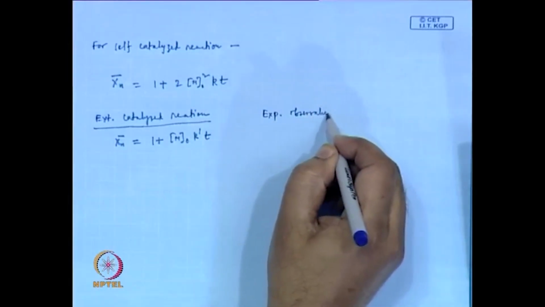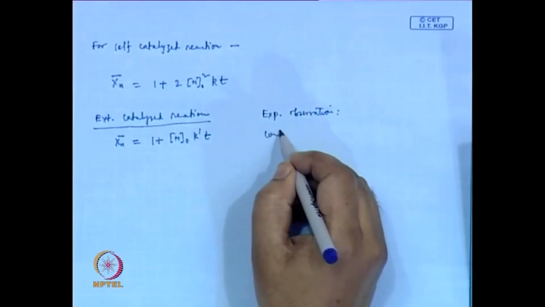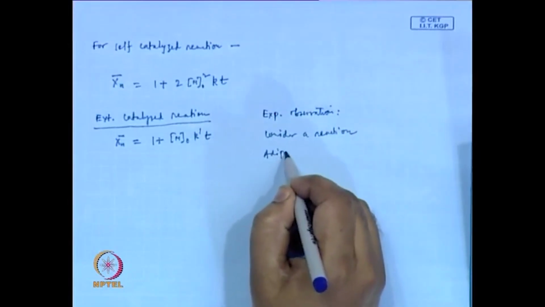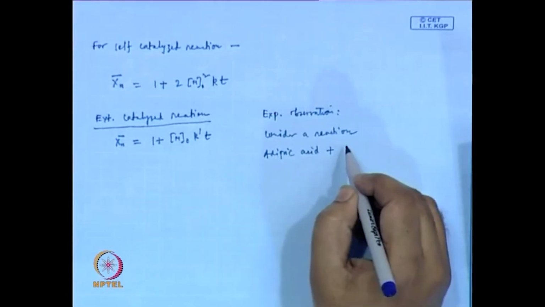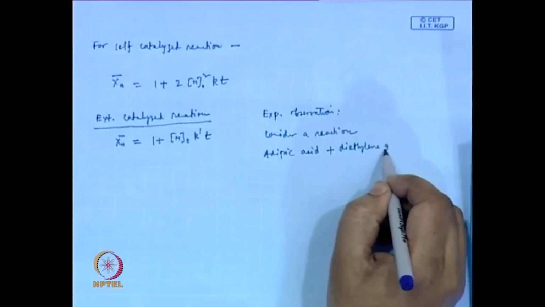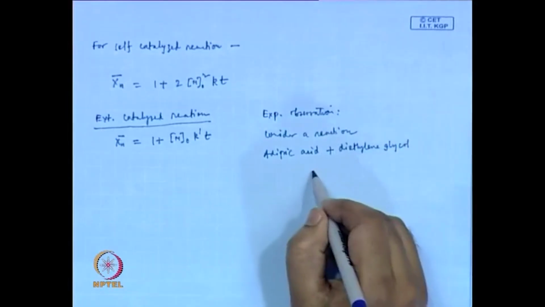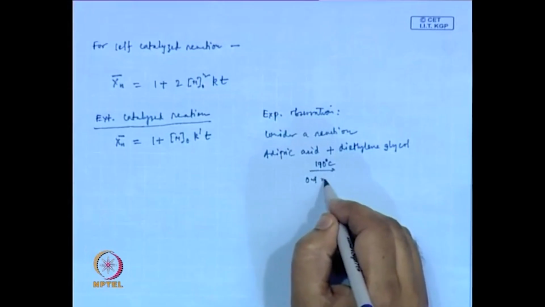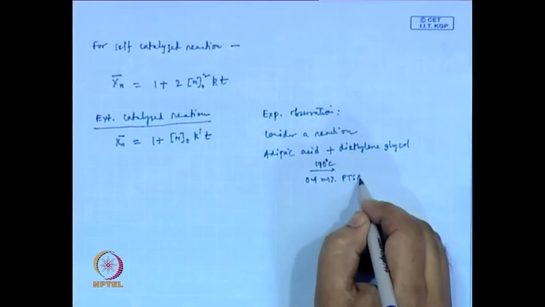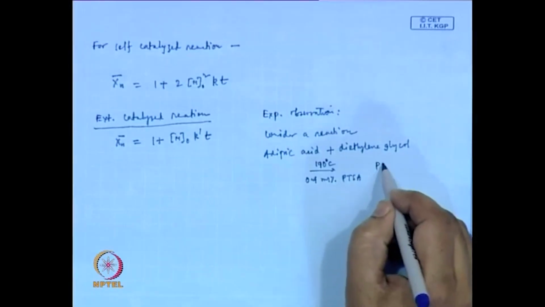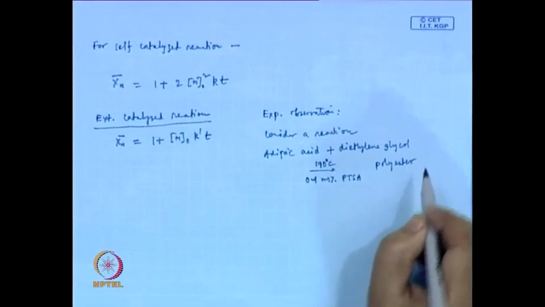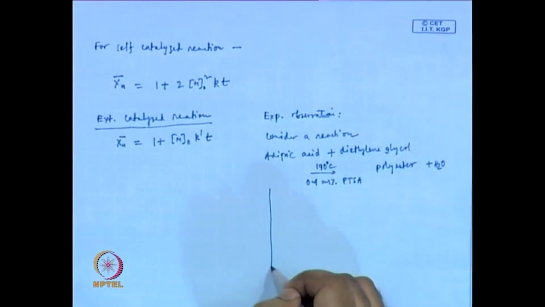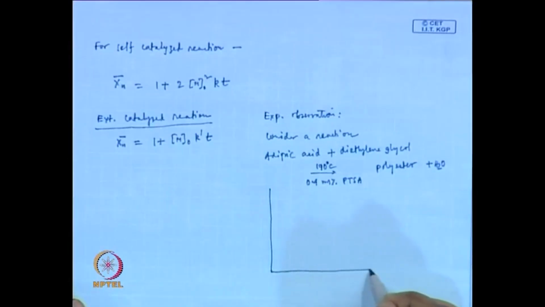Let us consider a reaction of adipic acid plus diethylene glycol at 190 degrees centigrade in the presence of 0.4 mole % of para-toluene sulfonic acid as a catalyst, and the product is polyester plus H2O. So, this is what is observed experimentally.